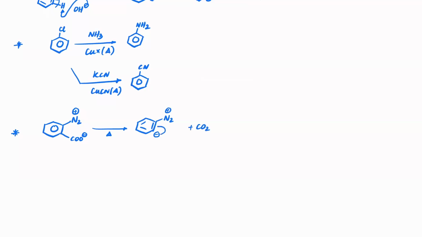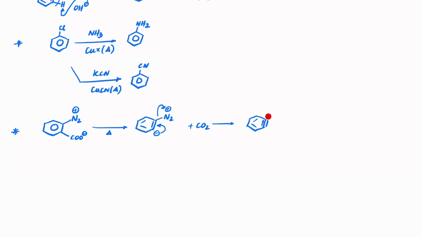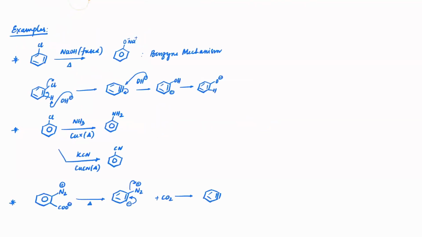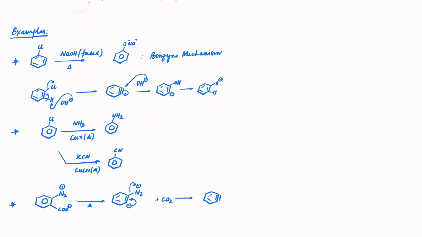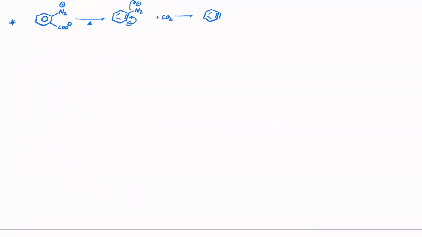This pushes and relieves N2, and that's how you get the benzyne form here as well. After this, it can get into biphenyl, triphenylene, or other reactions, but benzyne is the intermediate which is formed. So these types of reactions are usually expected out of the benzyne mechanism. Clear, everyone?